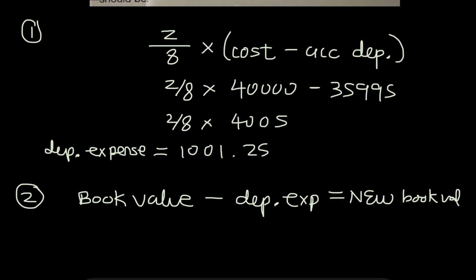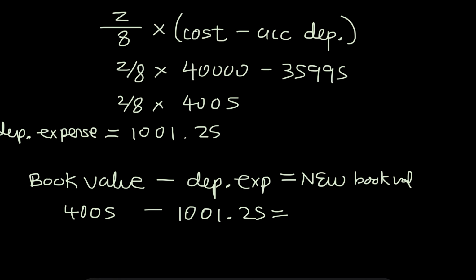So the book value from the last step was 4,005. Depreciation expense from the last step was 1,001, which will give us a new book value of approximately 3,003.